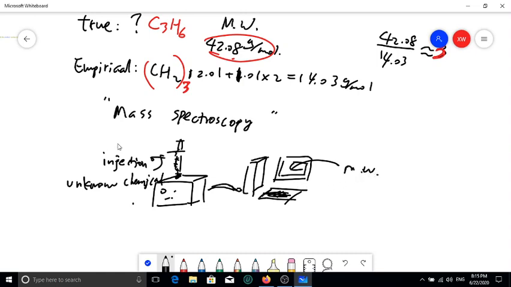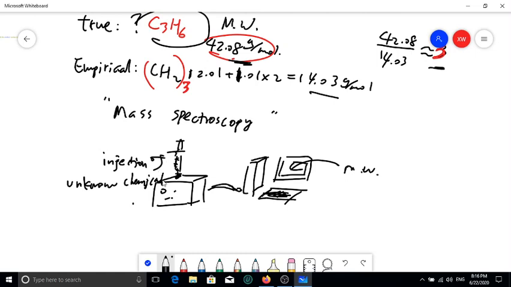So this is called mass spectroscopy. Basically, as long as you have a compound, you can obtain the molecular weight without even knowing the formula. And then you can do the analysis to find the empirical formula, like what you did in the experiment: burn it, and then obtain the two molecular weights and find the ratio. And then you can derive the true formula.